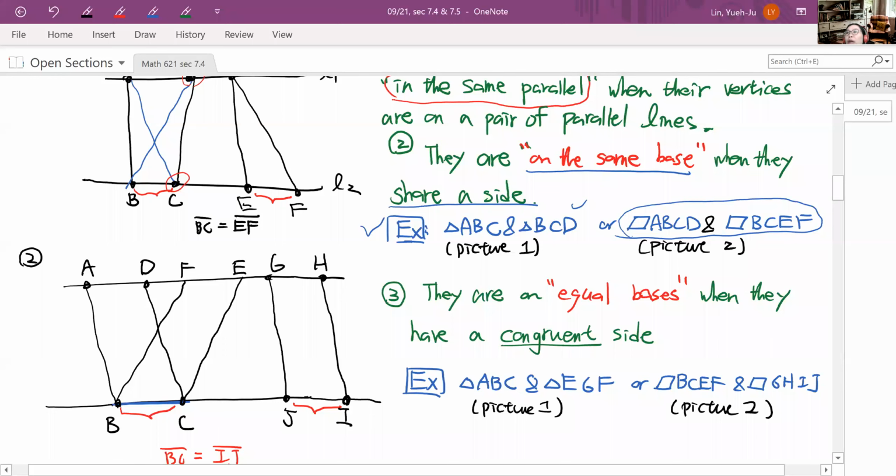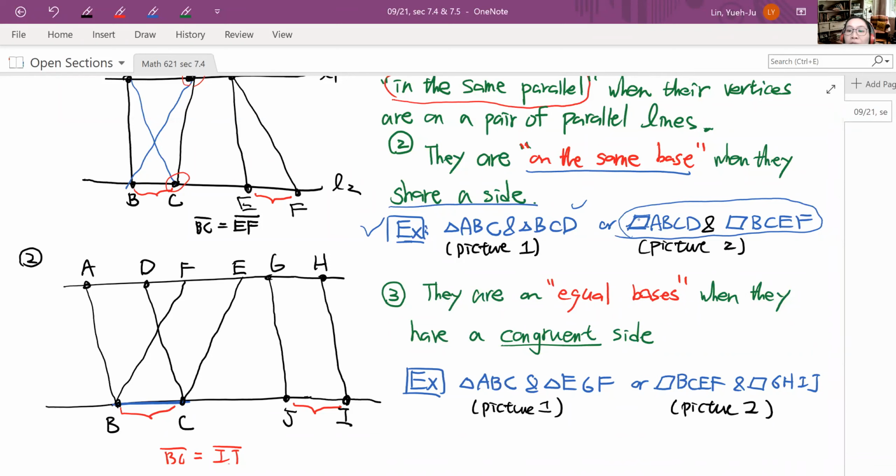You don't jump around the vertices, otherwise I wouldn't know which is the correct order. I use this little parallelogram symbol to indicate that it's a parallelogram. So when you describe a parallelogram, make sure you put the vertices in order.